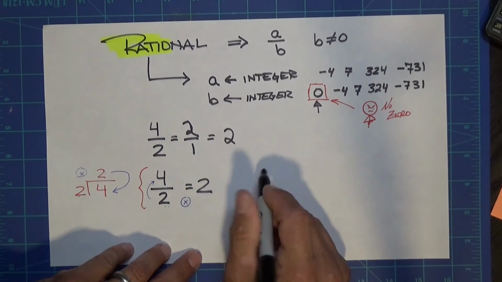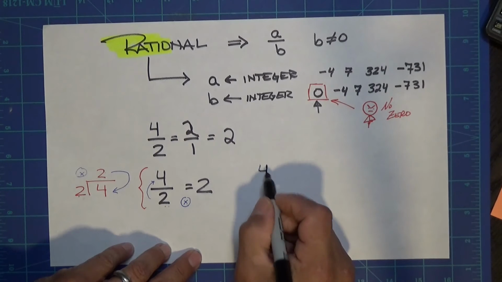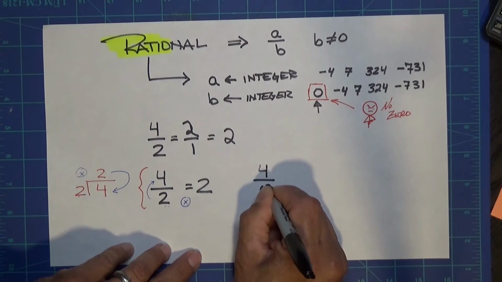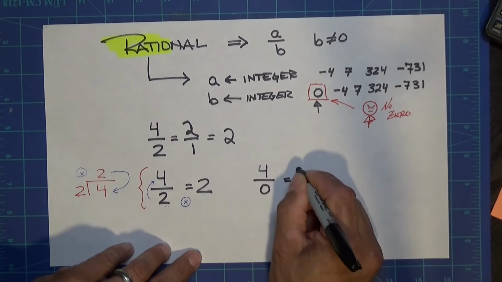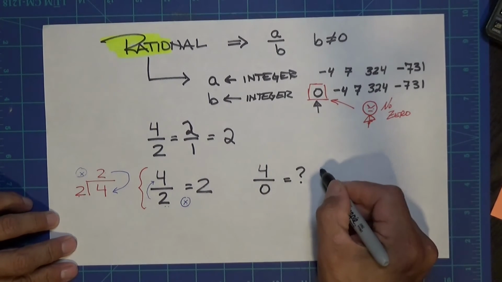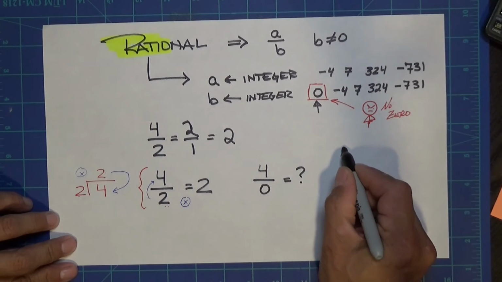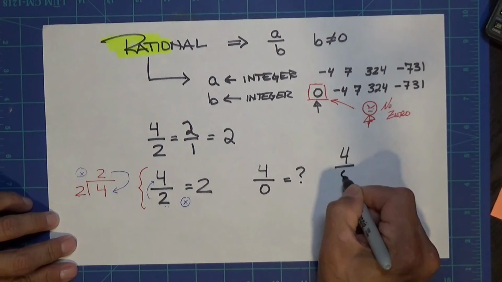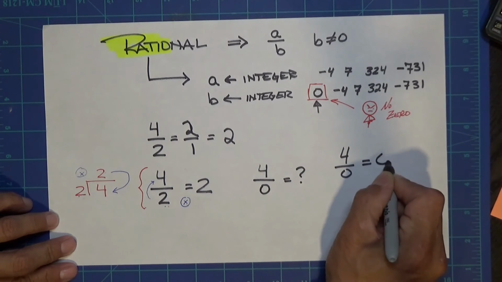We're going to replace the 2 with a 0. 4 divided by 0 is equal to what? If you picked 0, let's see what happens. 4 divided by 0 is equal to 0.